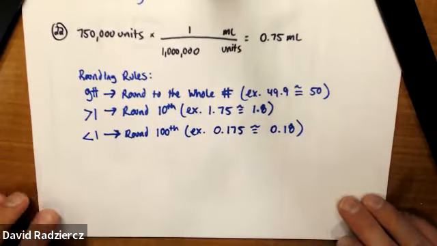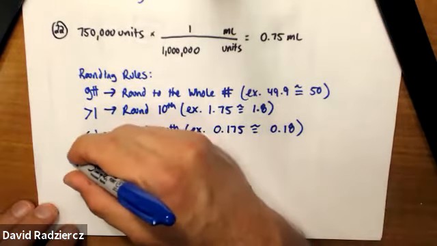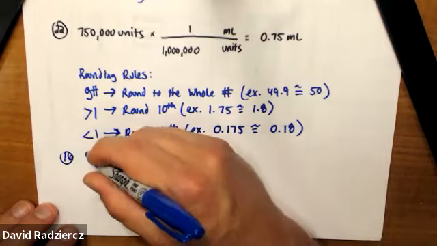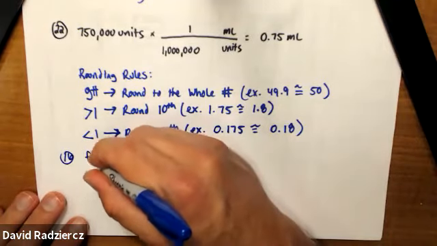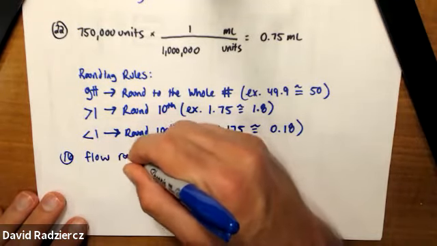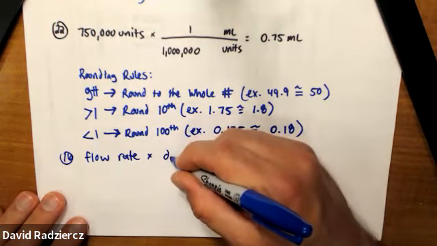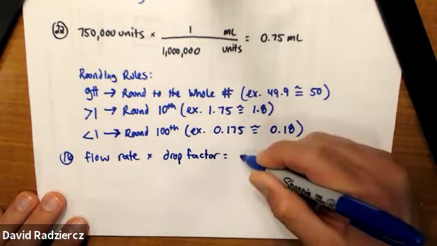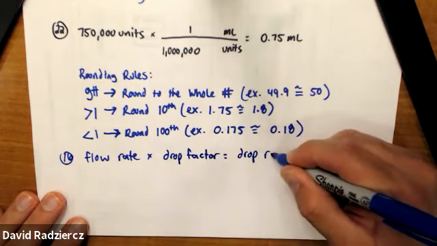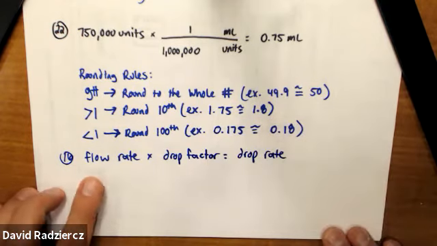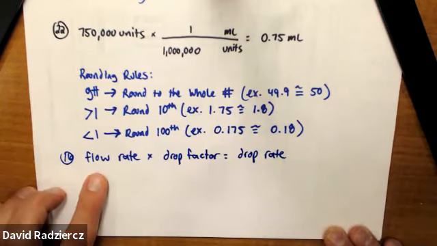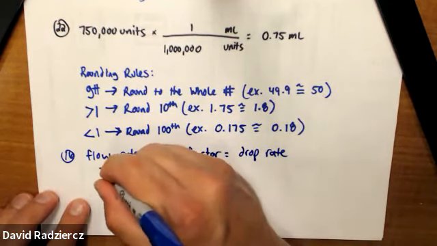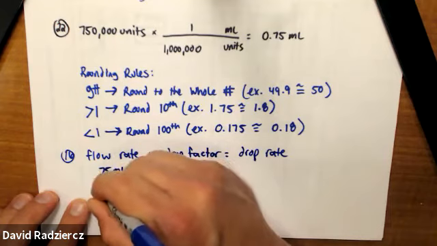All right. So for 16, again, with drop rates, you need two pieces of information. You need the flow rate and you need the drop factor. Those two pieces of information will give you the drop rate. The flow rate they give you is 75 milliliters per 25 minutes.